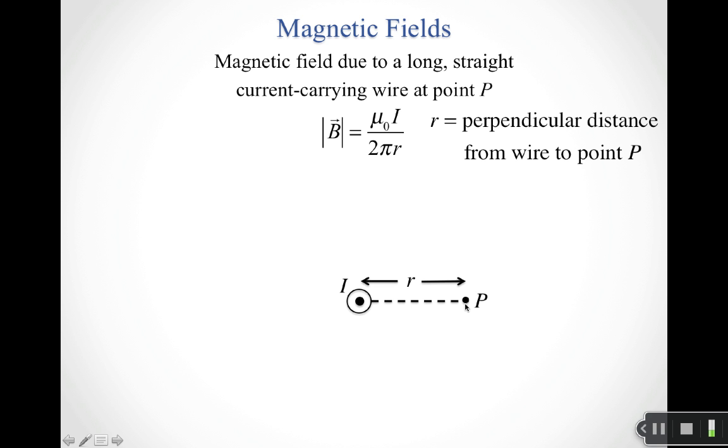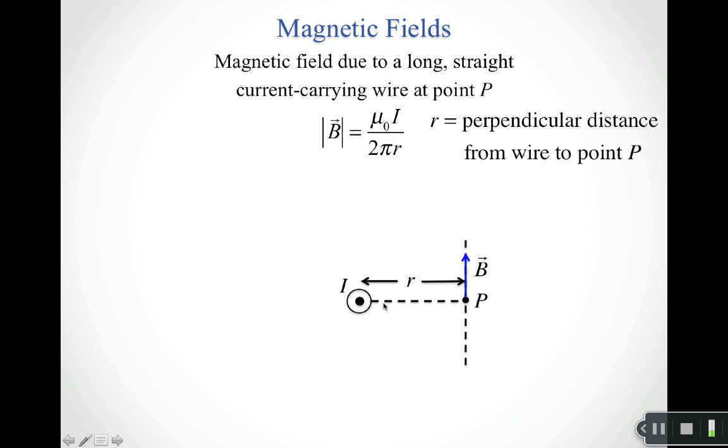So here's the wire, here's point P, and there's our little r. Now, we'll learn a right-hand rule to help us figure out directions, but without worrying too much about directions at the moment, what we're going to see is that at this particular choice of point P, the magnetic field will point up.